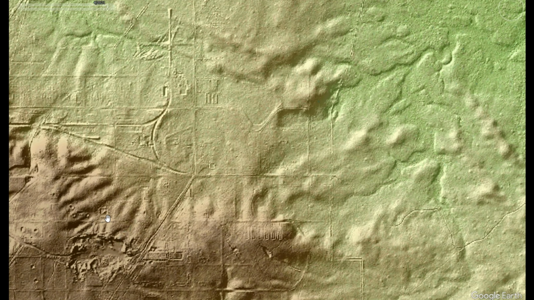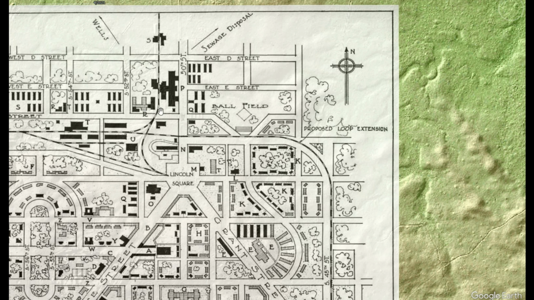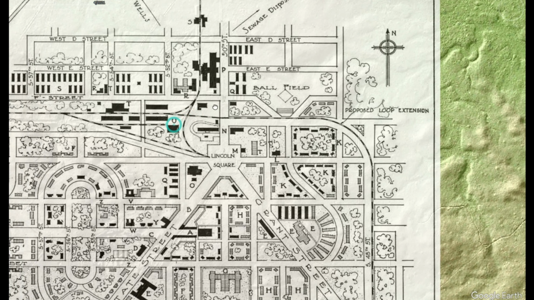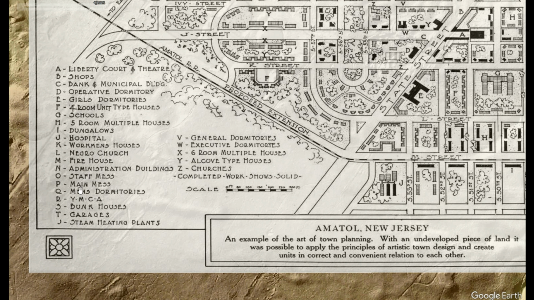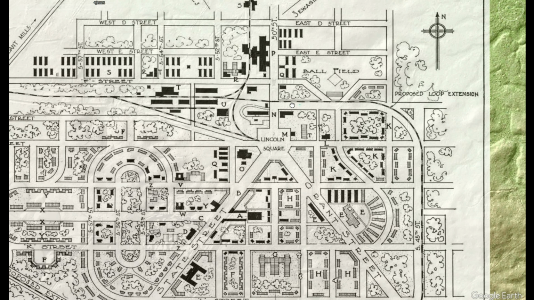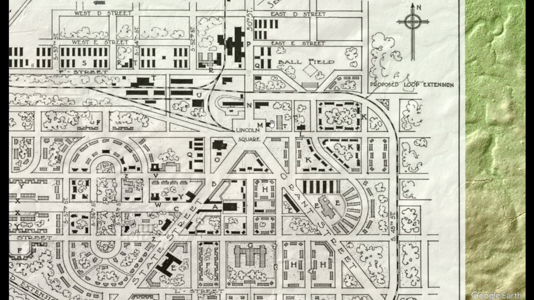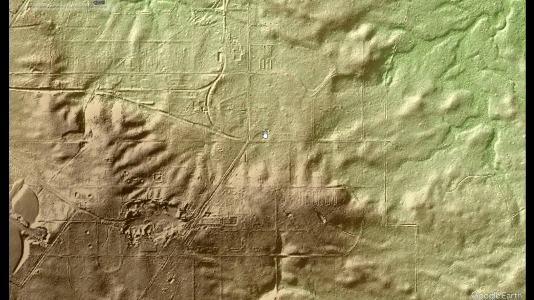So we're going to work our way up this way, and then we're going to hike up to here. And if I turn the map back on, Building R and Building P: R is the YMCA and P is the main mess hall. Now there is a little depression right here, so when I shut the Amatol Village map off, it's slightly misaligned again.